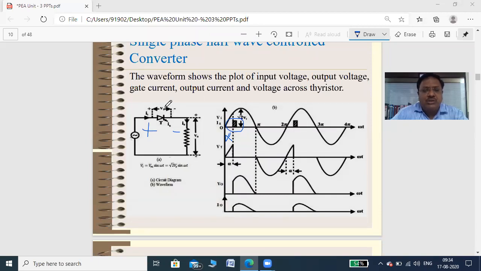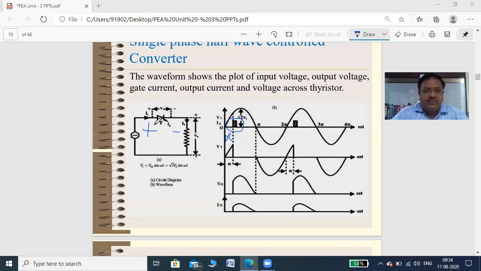But both circuits are not shown in the converter diagram for simplicity. We have already learned various triggering circuits and the protection circuits for the power devices in unit number 2. So those circuits are always required with the SCR, but they are not shown in the figure for simplicity.